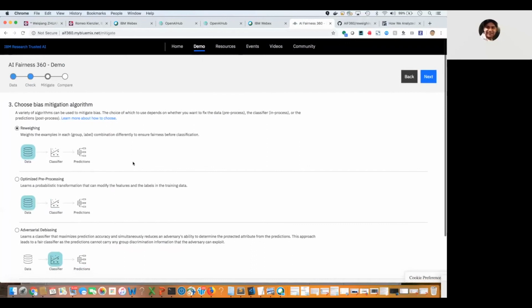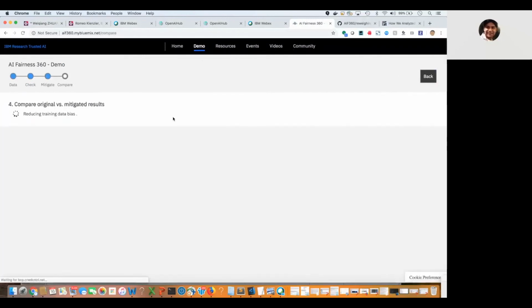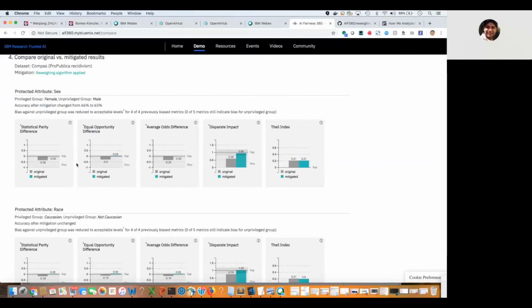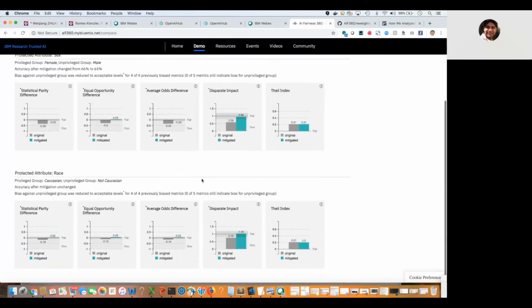There are different algorithms to handle it, and we select reweighing in this case, for example. It's reducing the bias in the training data sets by reweighing it. And finally, what we see is, it has actually brought down the bias to very acceptable levels, which is 0.03, 0.02, and the same in the case of race.